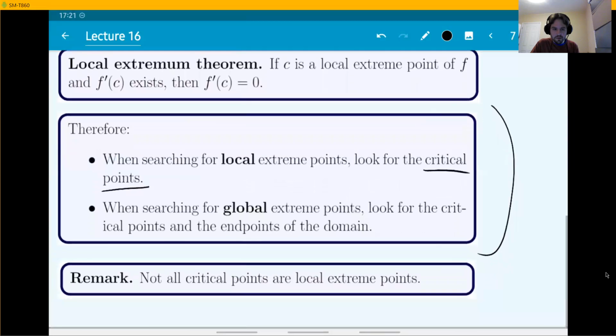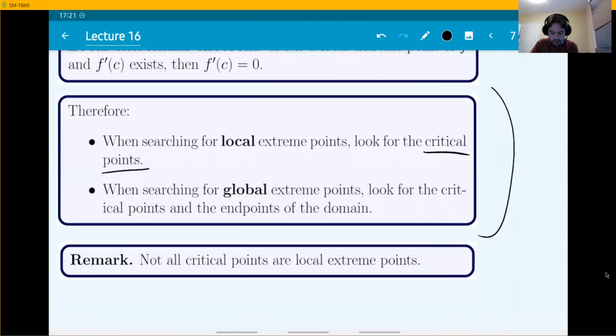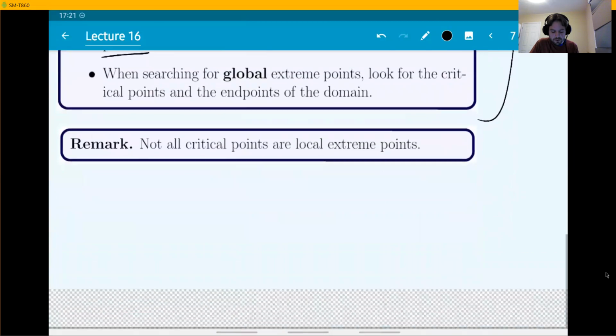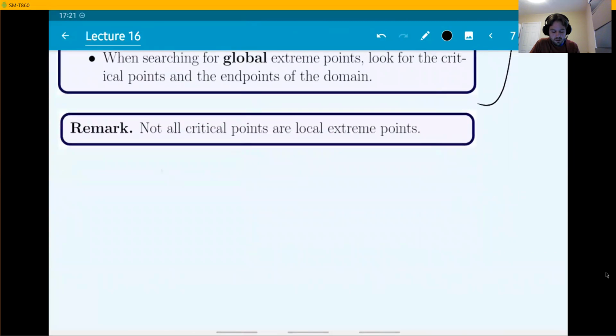We're going to see examples and then remark not all critical points are going to be local extreme points. Just because you found a critical point, that does not mean it's going to be an extreme. You can have functions that do things like this. The tangent line tries to become horizontal at this point. It becomes horizontal, but then the function continues to decrease.